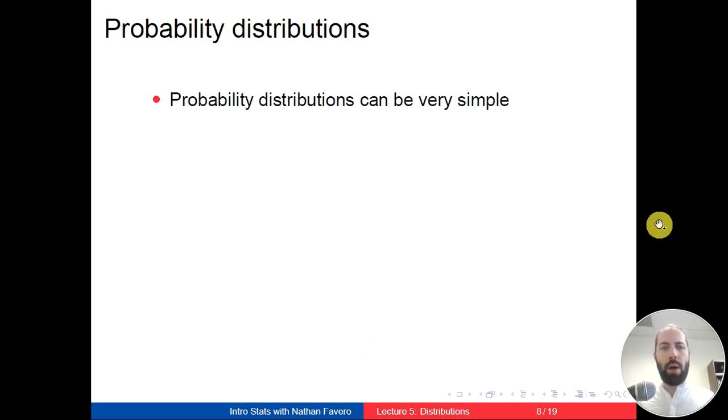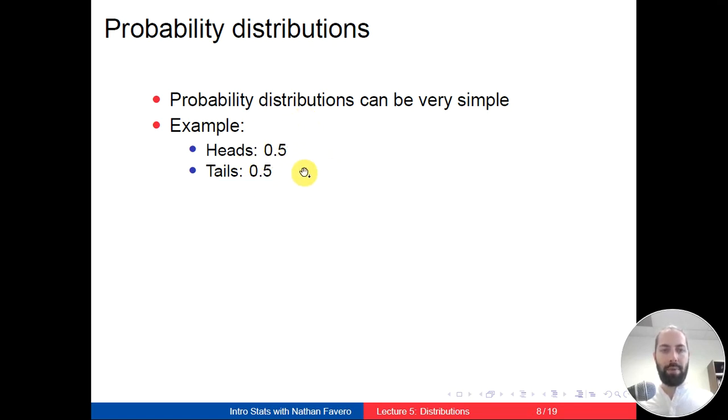All right. Probability distributions can be quite simple. So here is a classic example of a probability distribution that might have come up in high school algebra. We flip a coin, and there's a 50% chance that we get a heads and a 50% chance that we get a tails. And these are listed as proportions. 0.5 is equal to 50%. It's just being expressed as a proportion.